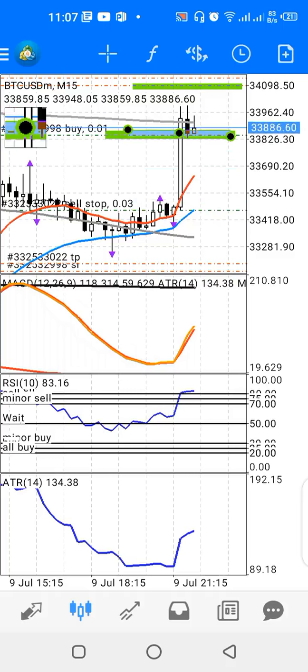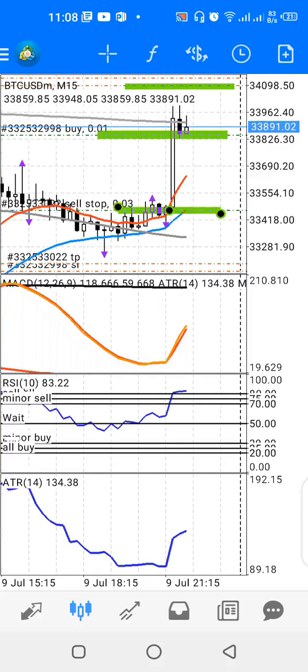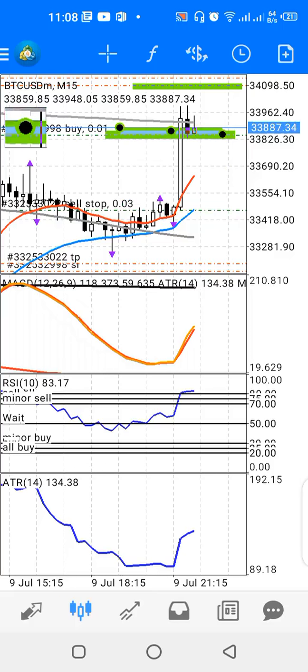Now the buy trade is 0.01, so my hedge trade, which is a sell trade, will be 0.03, which is 3 times the initial trade entry.